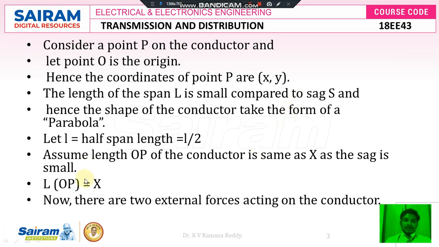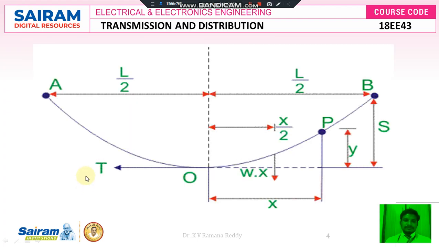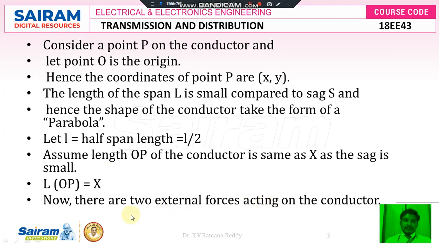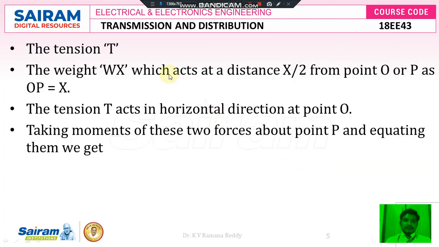I am going to consider that the length of OP is x. Now there are two external forces acting on the conductor: one is tension T, another one is the weight of the conductor.